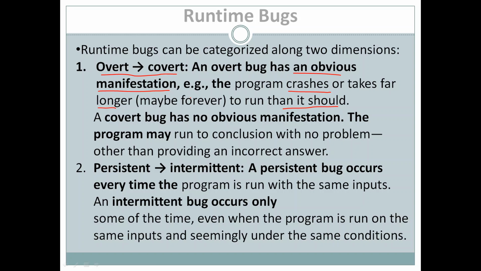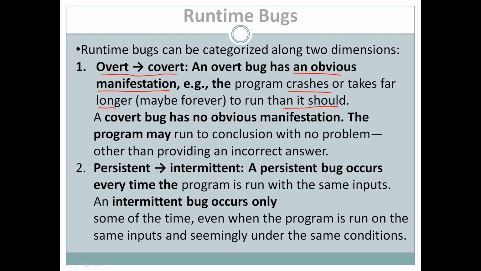For example, if you have a statement where you are assigning a string value to an integer variable, in such cases the program stops at that point and it crashes. Or even if you have an infinite loop, created in the program because of some mistakes in the condition checking, then you can call it an overt bug.